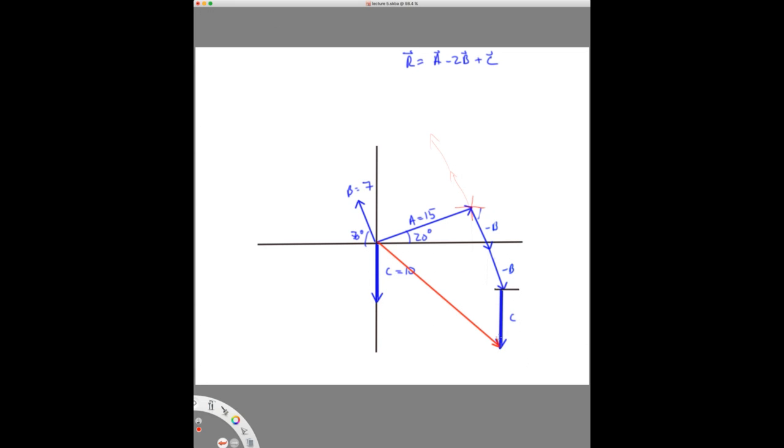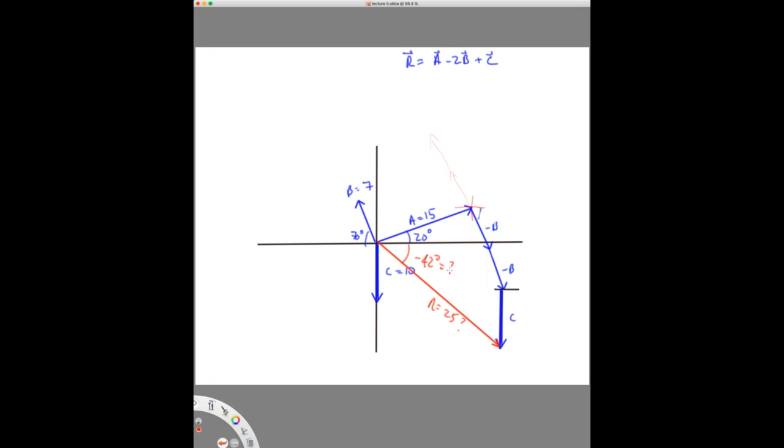So now if I want to estimate the angle, I'm going to estimate it's maybe negative 42 degrees. And the length of it, I don't know, 25. So that's my guess based on my drawing.